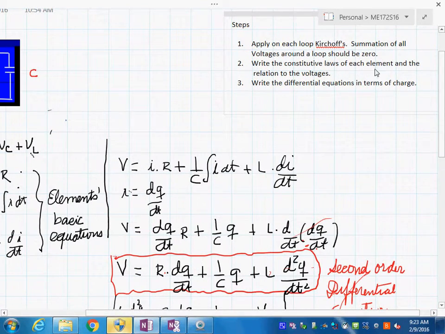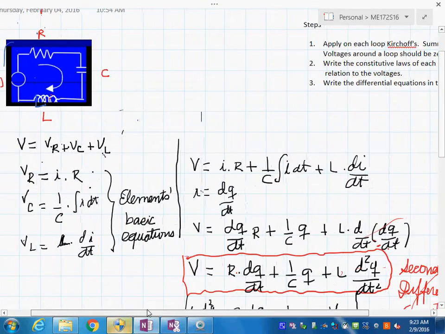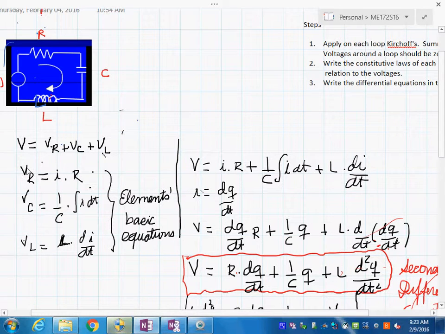What that means is that for the R element, the voltage drop is I times R. For the C element it is 1 over C, the integral of I dt. And for this inductor, the voltage across the inductor is L times di dt. So those are the basic elements here.